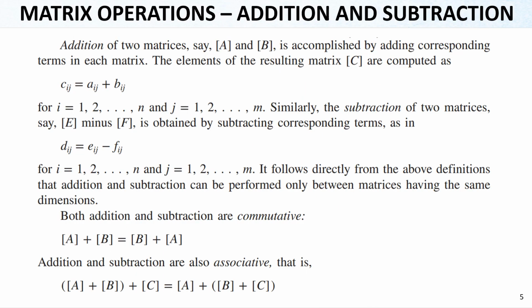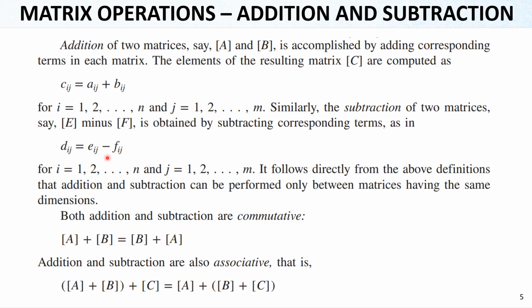Let's talk about the matrix operations in this slide, addition and subtraction. Basically, addition and subtraction are very similar to regular numbers. We will simply add each term to each other at the certain location. For instance, we have A and B and want to calculate A plus B. We will simply sum each term in the matrices individually. Subtraction is the same.